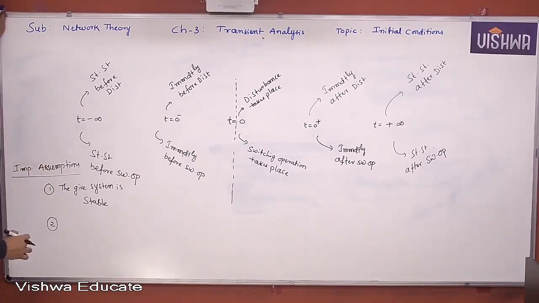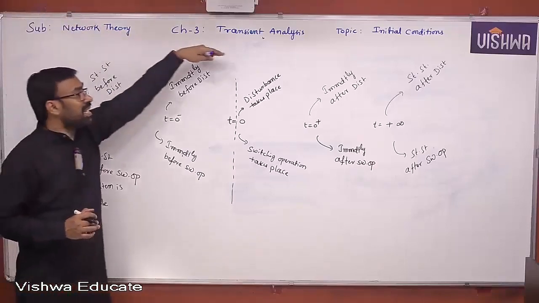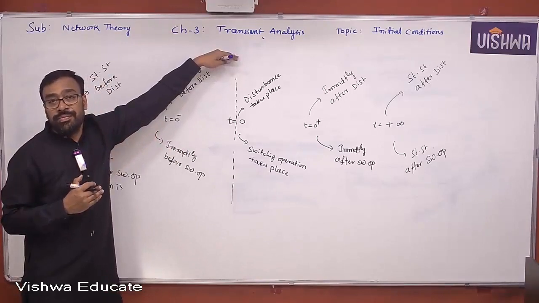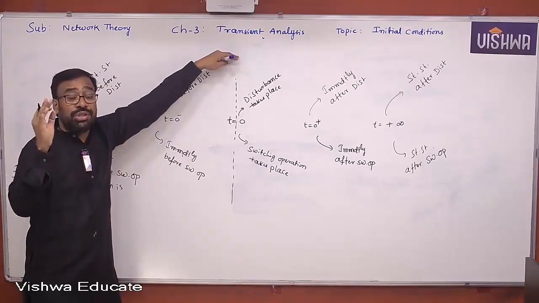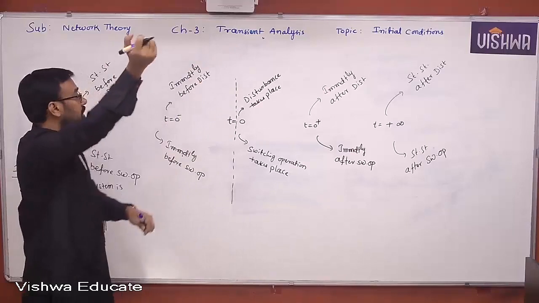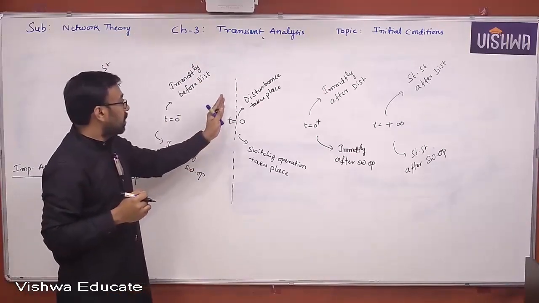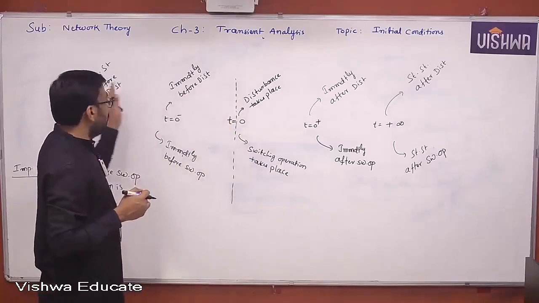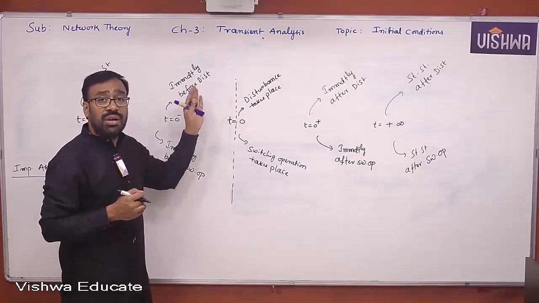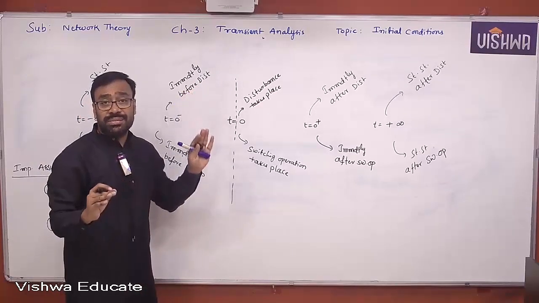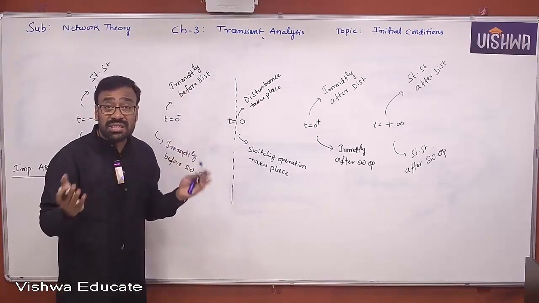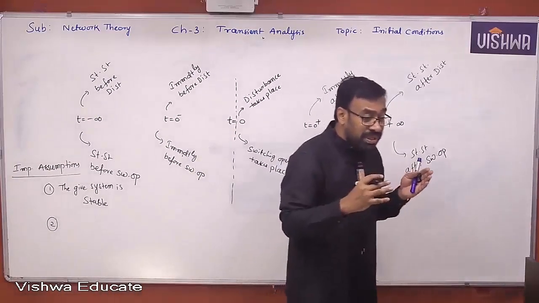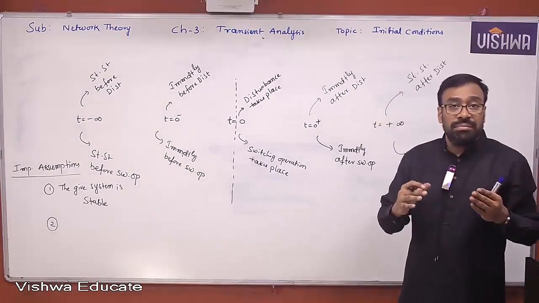The second important assumption, before we carry out the transient analysis, is that until the disturbance takes place, the system is assumed to be in steady state. We know that it is stable, but at the same time, the system dynamics might be changing from time to time. Yes or no, all of you?